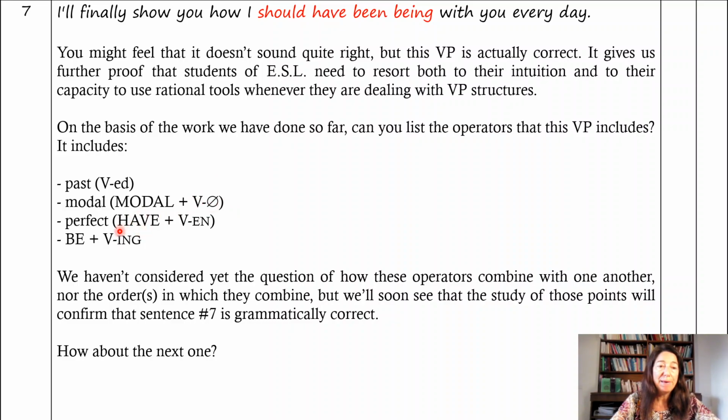So that verb base have is followed by the past participle here, been, and have plus VEN. Well, that's the formula, the symbol for the perfect. And then we have be here and a verb, which happens to be be again, but we have be here plus VING. So be plus VING. So we have these four symbols in this sentence.